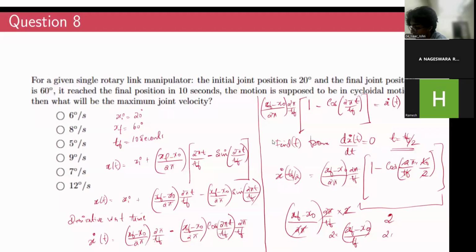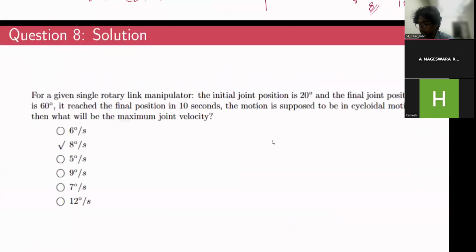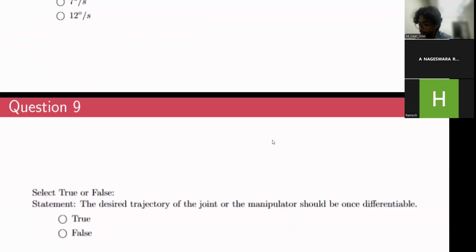So 2 multiplied by xf is 60, x0 is 20, tf is 10 seconds. So your answer is 8, I believe. Maximum velocity would be 8 degrees per second. So I think the answer is option B. I hope that is clear enough. Yeah, the option is indeed answer B.